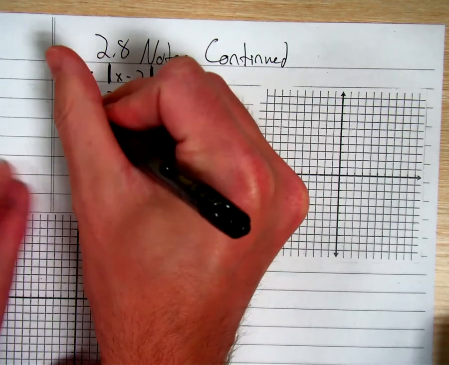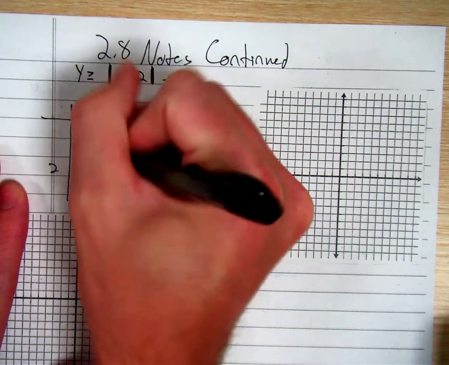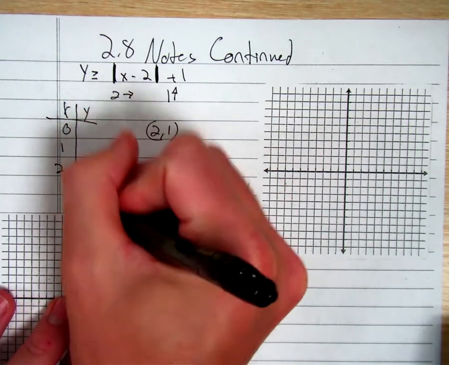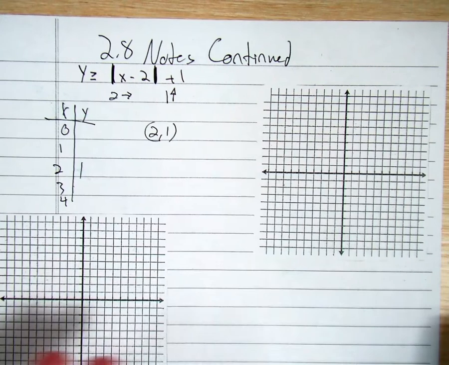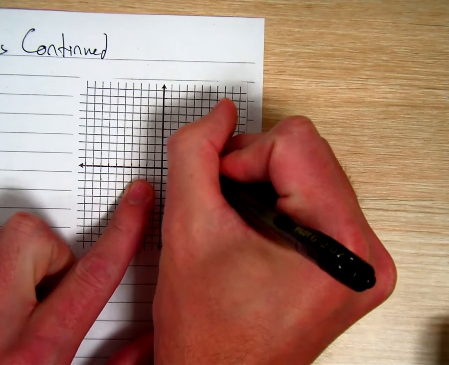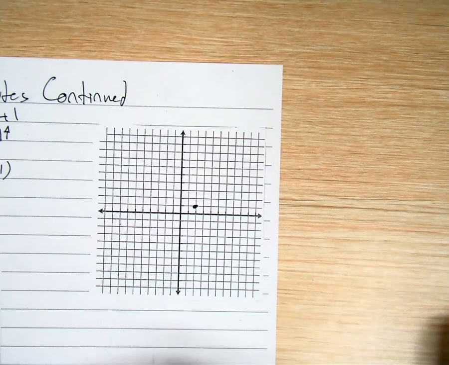If you want to make a table, remember 2, comma 1 goes in the middle. Pick some points on each side: 1, 0, 3, 4. Or me personally, I have this over here at 2, comma 1. There's no multiplier in the front, so I know my slope is up 1 over 1, both directions.